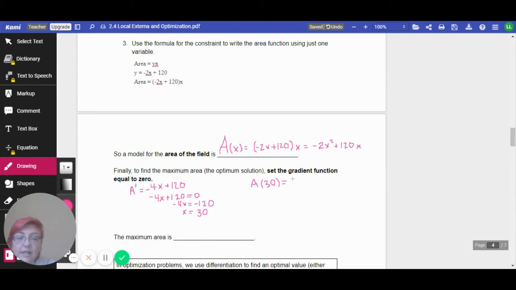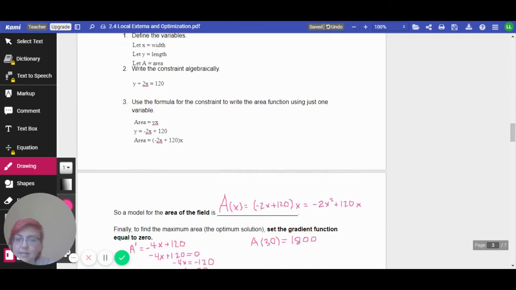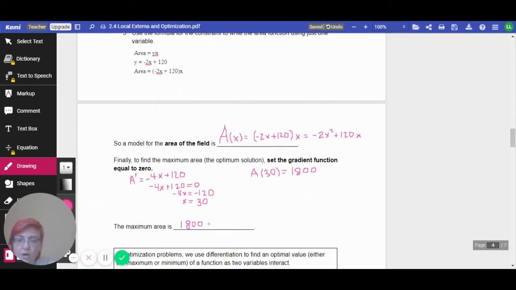And I find that I get an answer of 1,800, which you'll note is larger than either of the ones we found earlier, which makes sense. It's our maximum area. So our maximum area is 1,800. I believe this was meters. Yes, it was meters. So 1,800 square meters.